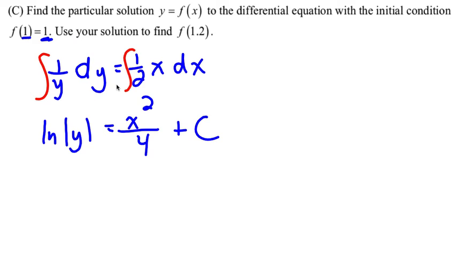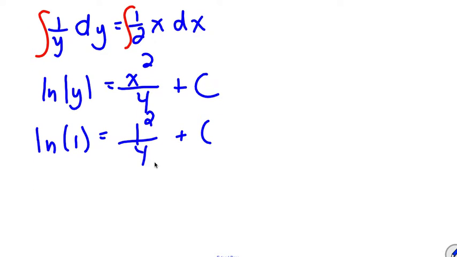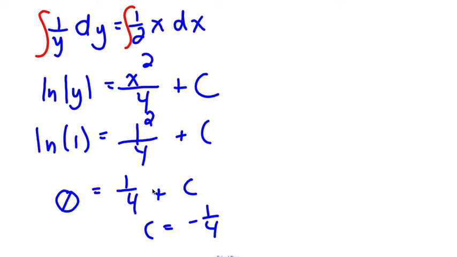Now I'm going to plug in 1, 1 for my x and y, so I have ln of 1 is equal to 1 squared over 4 plus c. Ln of 1 is 0. 1 squared over 4 is just 1 over 4 plus c. So I know the c value is negative 1/4.